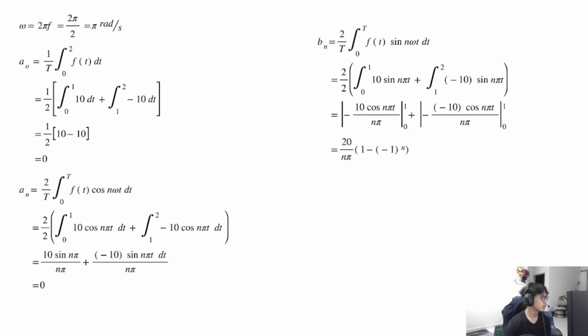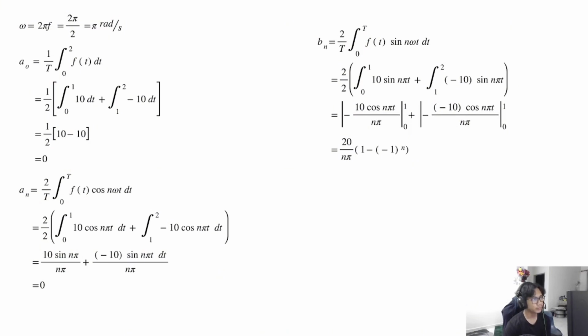Next, a0 equals 1 over T times the integral over the period, and we get 0. Also for an, 2 over T times the integral of f(t) cos(n omega t), we get 0.